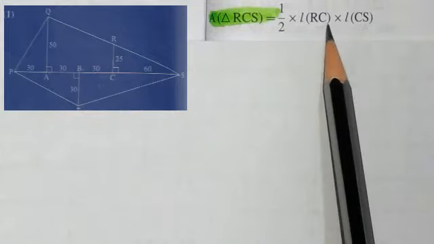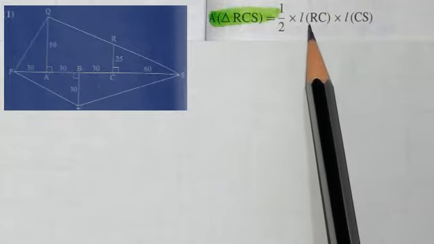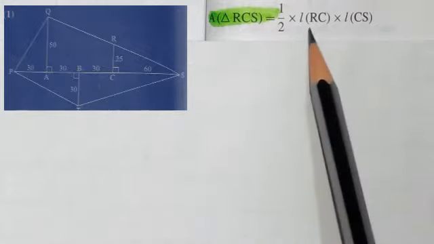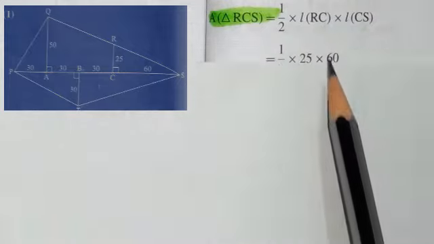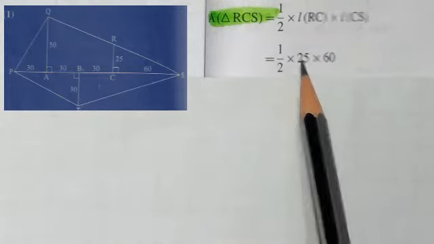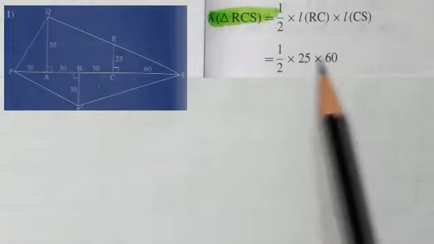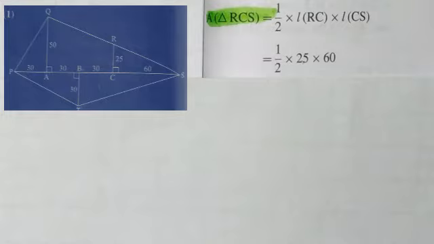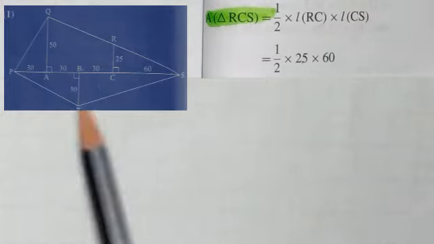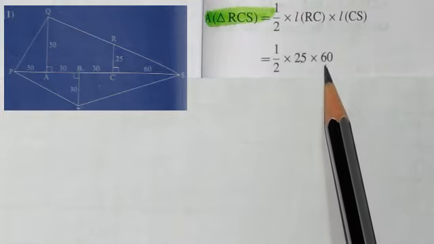So base is nothing but CS and height is RC. So let's put the values there. 1 upon 2 into RC, which is nothing but the height, that is 25 meter, that we write here, multiplied with CS, which is our base. So the value of base is 60 meter.